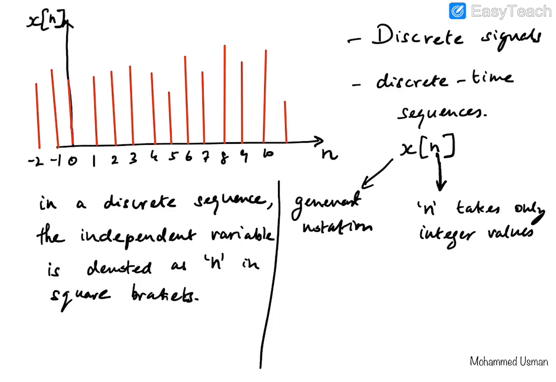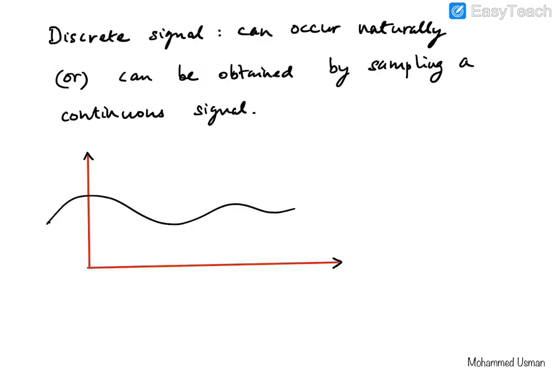But sometimes a discrete signal can be obtained from a continuous signal by sampling the continuous signal at specific instances or specific moments of time. So a discrete signal can occur naturally, or sometimes we convert a continuous signal to a discrete signal because that facilitates a lot of processing in a simpler way. So what that means is that we can have a continuous signal. So what we have here is a continuous function of time.